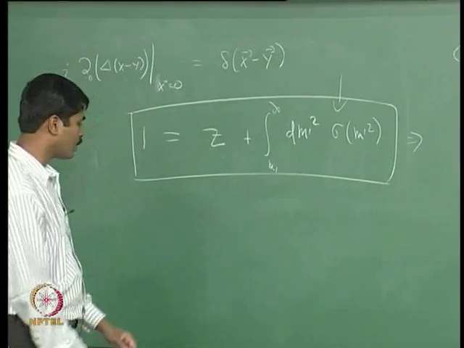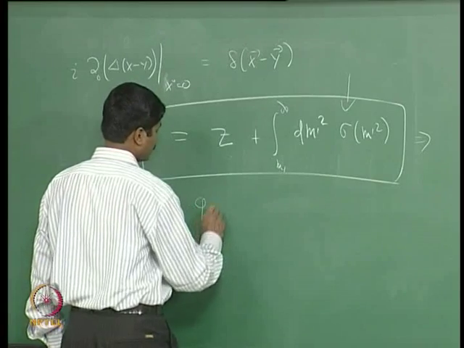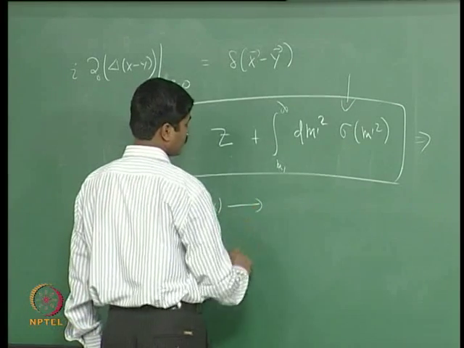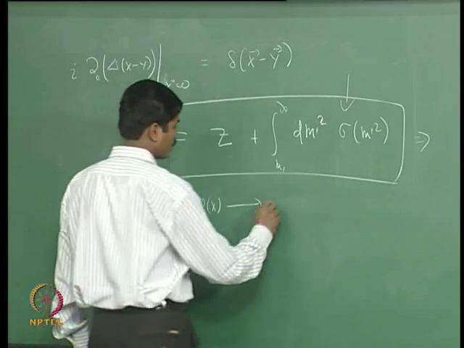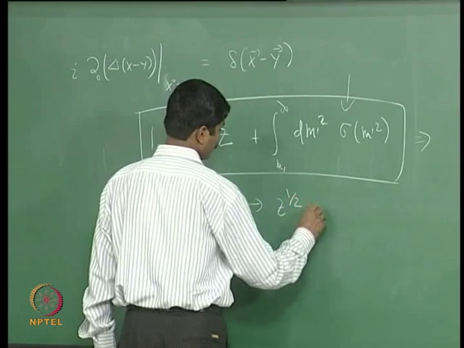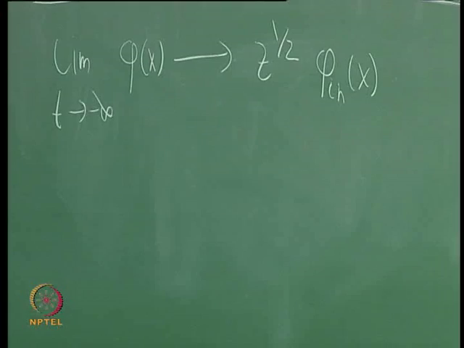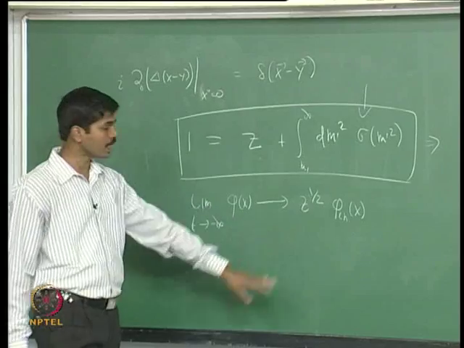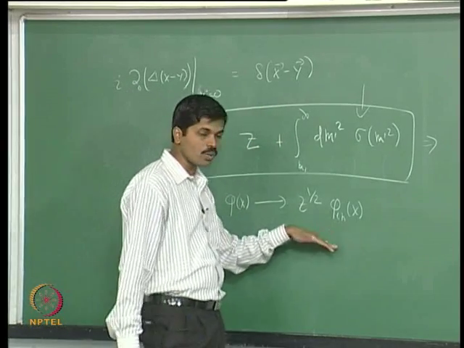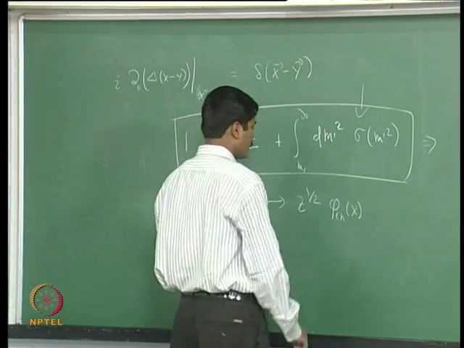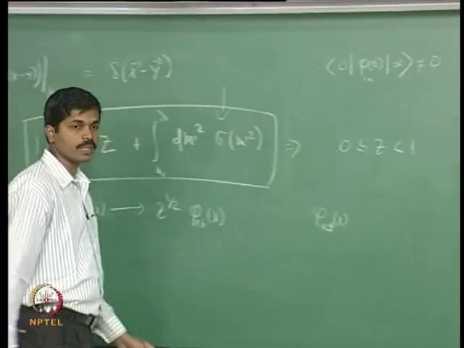Now you would like to consider this. So what we have shown so far is phi in the limit t goes to minus infinity, this goes to z to the power half phi in of x. What happens when t goes to plus infinity? Again, you can use the same argument here, because the out field phi out x is also a free field.